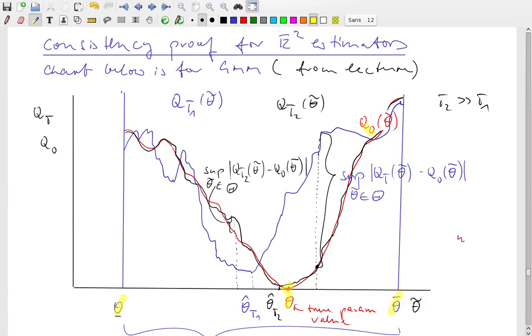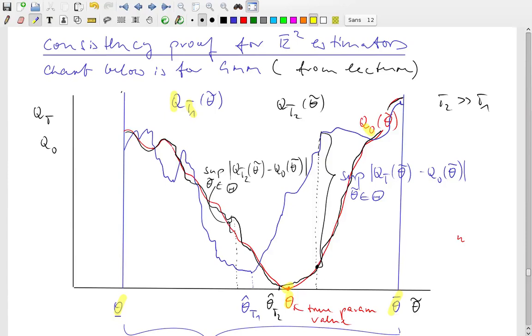Okay. Now, what we also have is this objective function Q sub t, where t indicates a specific sample size. This is sample size t1. So what the blue line depicts is the value of the objective function, here the GMM objective function, for a specific sample of size t1, and that gives you this shape of the blue line.